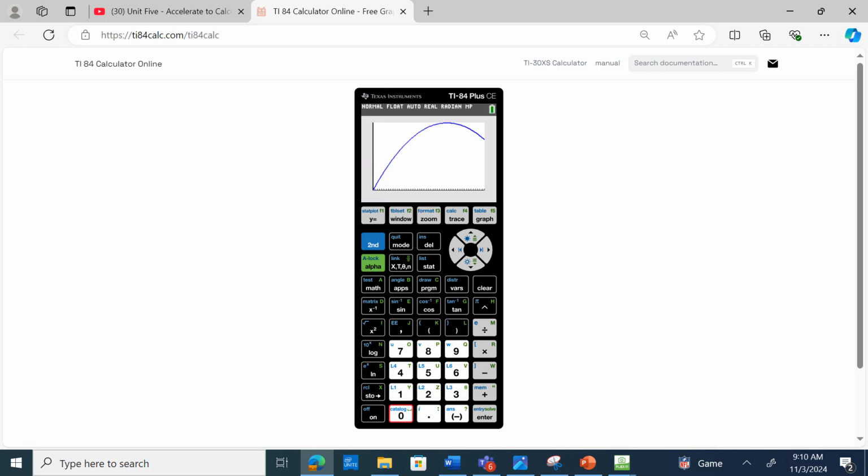Okay, we can see 50 is not far enough. Let me bring this back, and I'm going to try 85 and do a zoom fit. Okay, that looks just fine to me. Now, this next question says, what is the domain? So I need to know, it goes from 0 to what? I need to know that exact point right there. So in order to do that, we're going to find that 0.